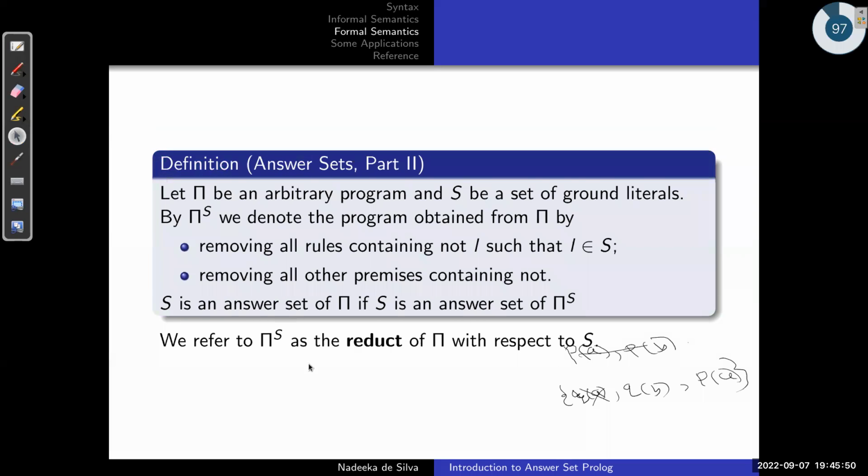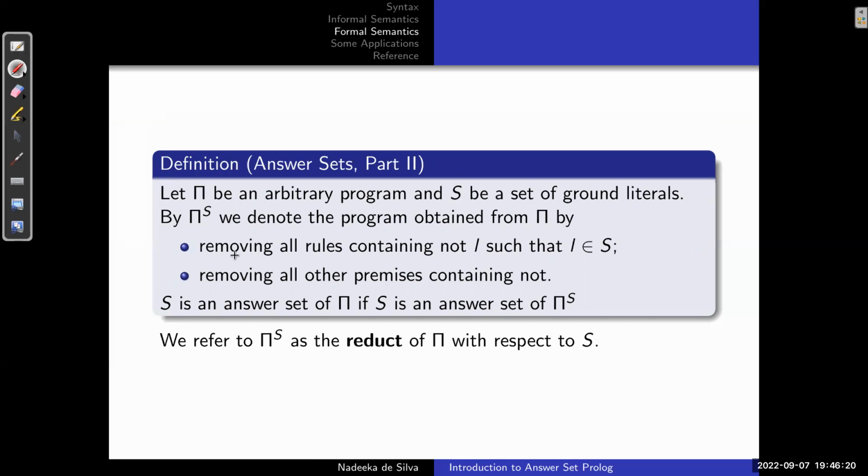Now when we have not, we have to first come up with a set S, and then we can check whether the set S is an answer set of the program containing not. Okay, so for this what we do, we construct a new program pi S called the reduct of pi by following these two rules.